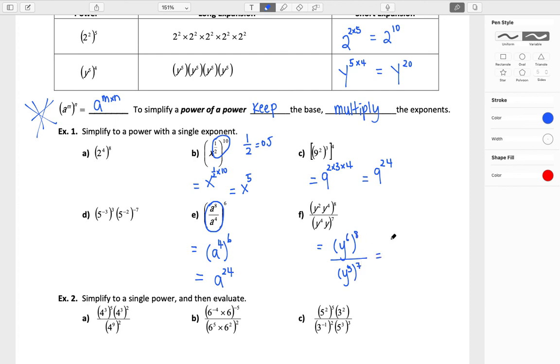And then I'm going to multiply the exponents. Y to the 48 over y to the 35. And then we are going to subtract. We're dividing. So it's y to the 48 minus 35 is going to be 13. And that's your final answer.